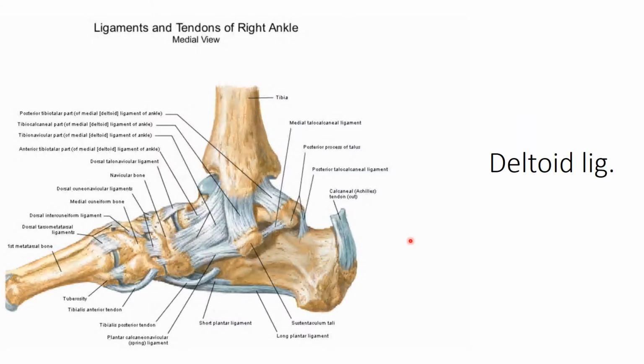Now this deltoid ligament, by its two sets of fibers, has anterior fibers known as the tibiotalar part and the tibionavicular part, which are the portion of the superficial fiber system. So the anterior tibiotalar part and tibionavicular part.